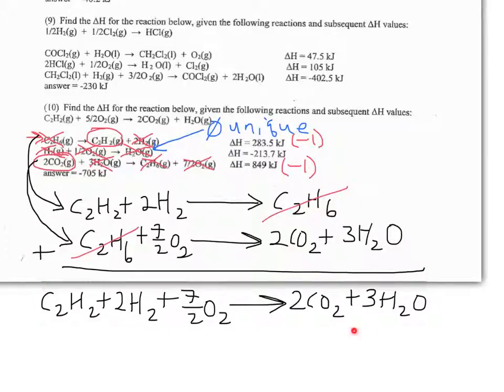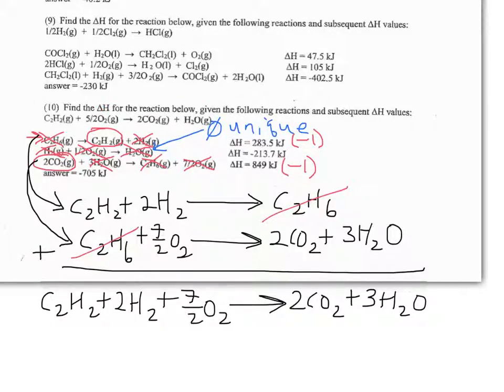So right here we've added the two equations that we knew what to do with. Now we need to compare this to the target equation and see if there's anything in here that doesn't belong. I can see something already. I have 2H2 here, but you'll notice in the target equation I don't have any H2 anywhere.